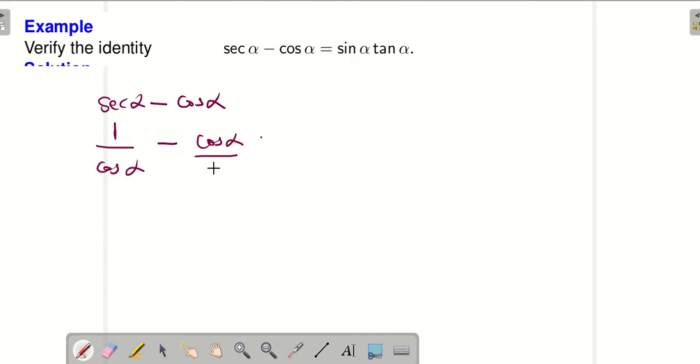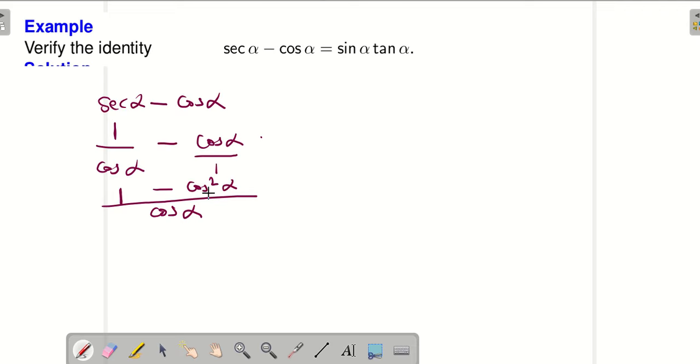Remember that this is the same as over 1. So our LCM is cos alpha. When you factorize this out, you have 1. Then minus, you get cos alpha times cos alpha, which gives you cos squared alpha.